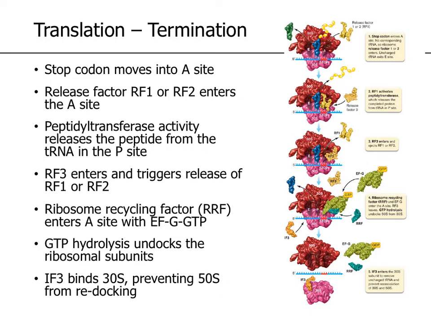And at that same time, IF3 will come in and bind to the 30S, and IF3 can actually just come in and bind there even once they're already separated. It doesn't need to wait. We showed you the initiation in the case that the two subunits were bound, but it doesn't need to wait. It can just come in and get ready to go.